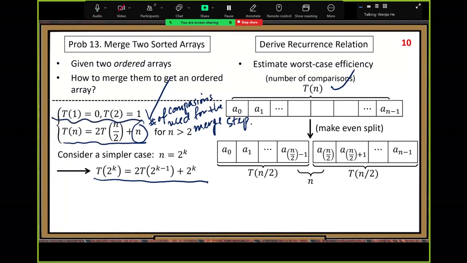Here, we do not list all the details. Let's just use a special transformation method, division. We do division on both sides with divisor 2 to the k.